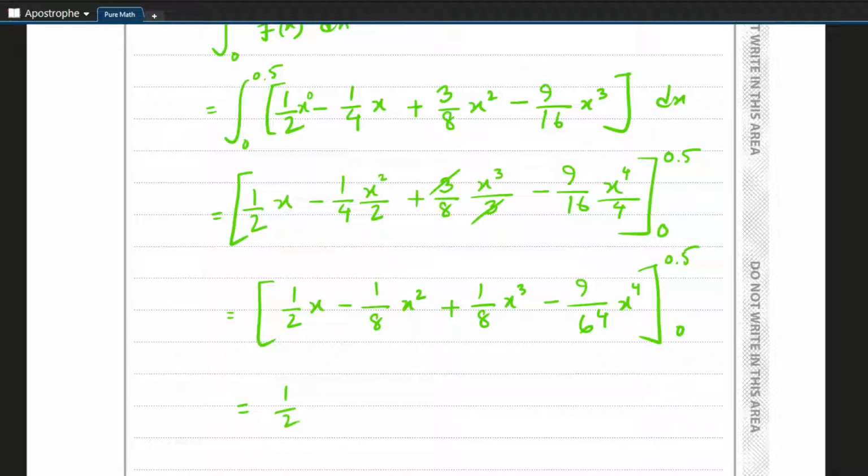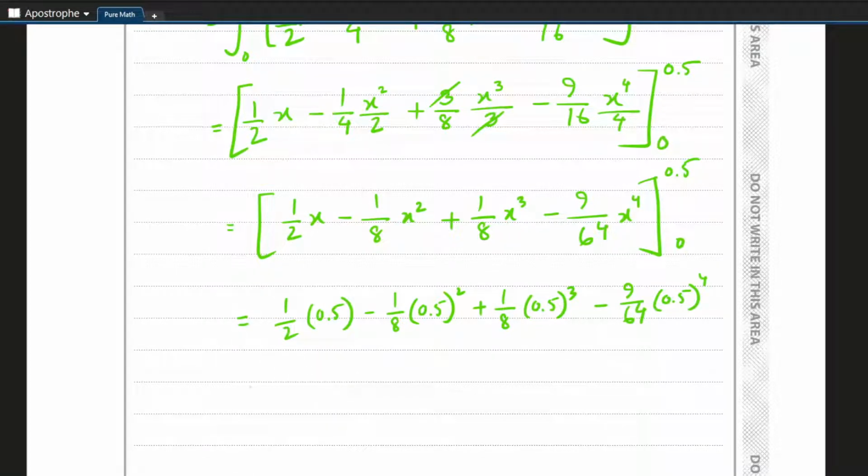So half into 0.5 minus 1 over 8 times 0.5 squared plus 1 over 8 times 0.5 cubed minus 9 over 64 times 0.5 to the power 4, minus 0, because the lower limit is 0 and all the terms have x, so everything would become 0.